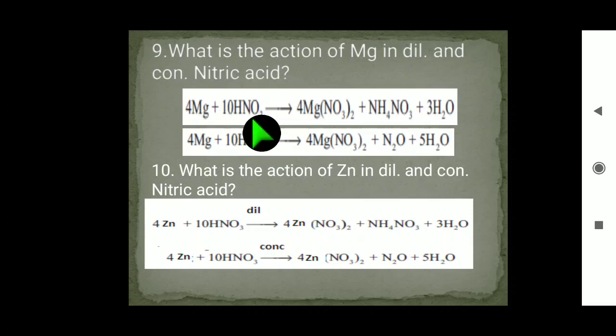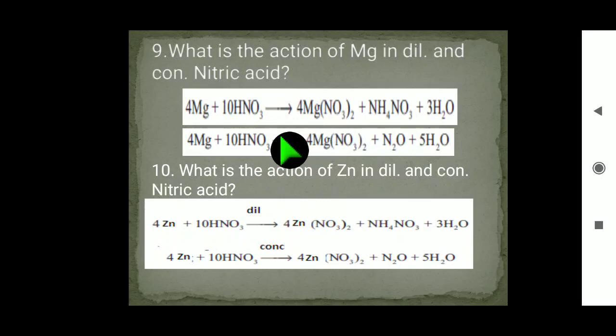Metal with nitric acid 4:10 ratio, magnesium nitrate, ammonium nitrate and water will form. The second equation, the same ratio, but here diluted. Second equation is diluted. Magnesium nitrate, nitrous oxide and water will form.